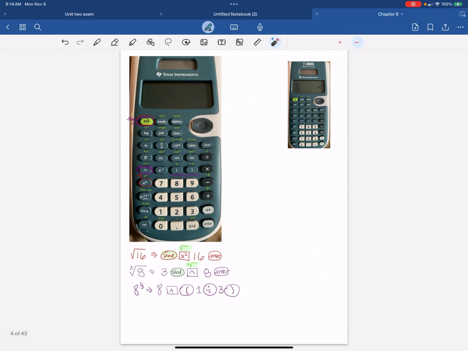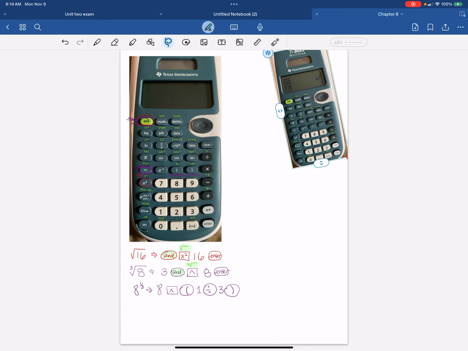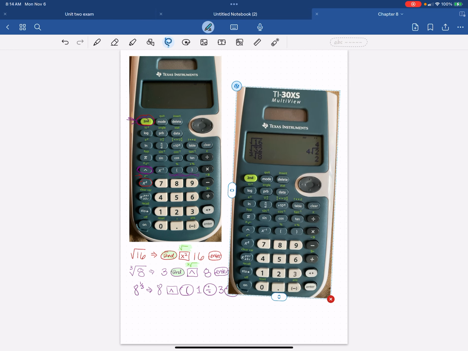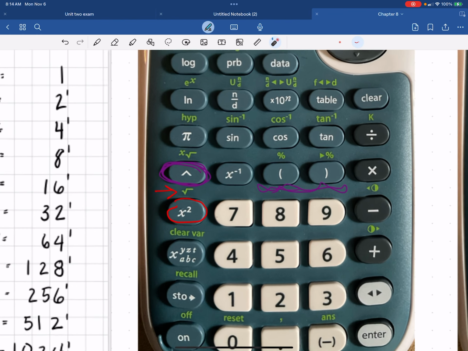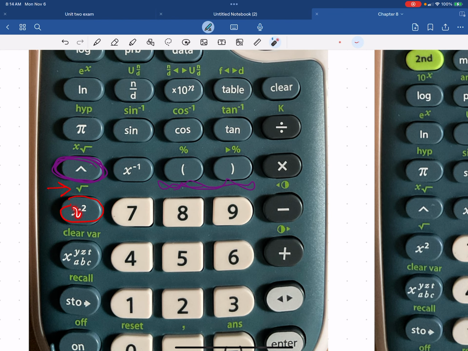The last thing in 8.1 is learning how to use the calculator. I'm going to make this bigger. Okay. So the keys we'll be using are the square root key, and here's the square key.